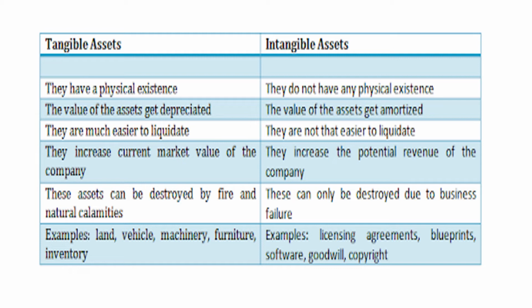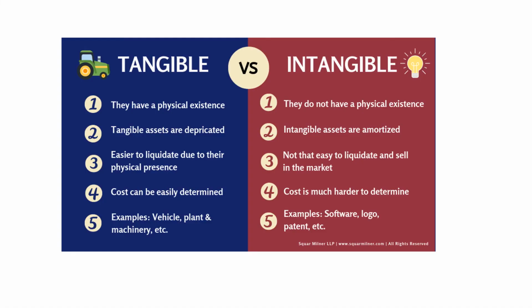Okay, and potential revenue increases, but here the current market value is more for a tangible one, and the potential value is more for an intangible one. So cost can be easily determined for a tangible one, but for an intangible one, cost is very, very difficult to determine. Why? Can you determine the cost of a particular software or a logo or a patent? No, you cannot say. It varies from one to one.